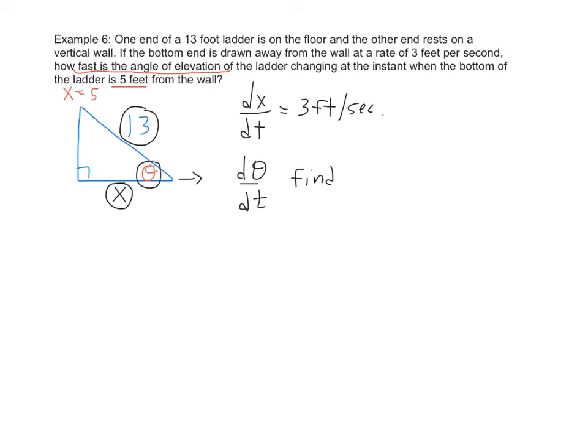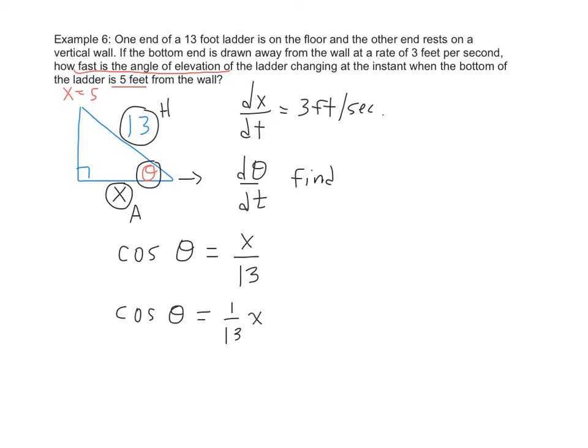We're given essentially an adjacent and a hypotenuse. So hopefully you're thinking that's cosine. The cosine of our angle is equal to the adjacent side over the hypotenuse. Okay? Understand that before we're quick to use the quotient rule here, x over 13 is really 1/13 times x.